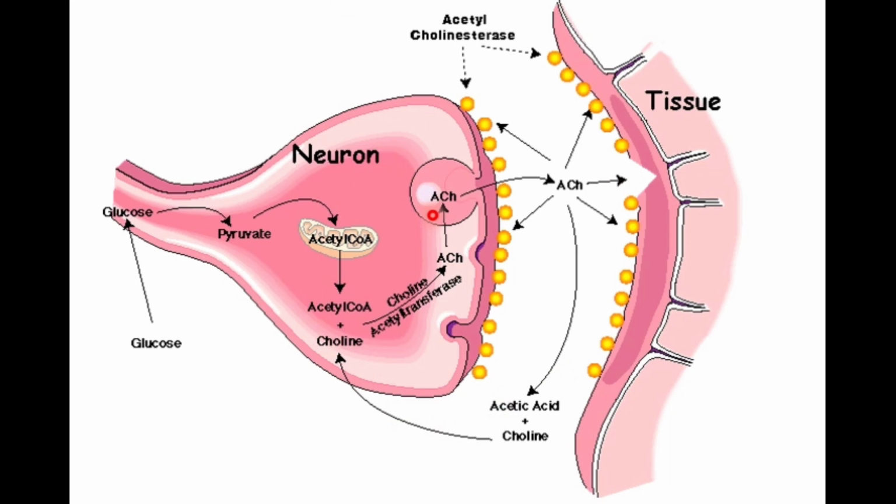Cholinergic neurons synthesize, store, and release acetylcholine as their transmitter. At the nerve terminal, acetylcholine is synthesized from acetyl-CoA plus choline by an enzyme called choline acetyltransferase. This acetylcholine is taken up into the vesicle and stored as a concentrated solution.